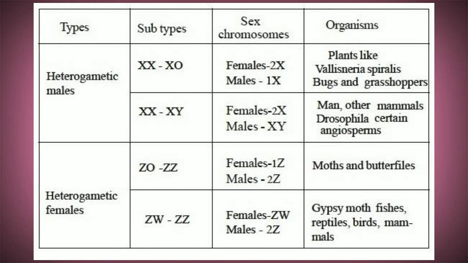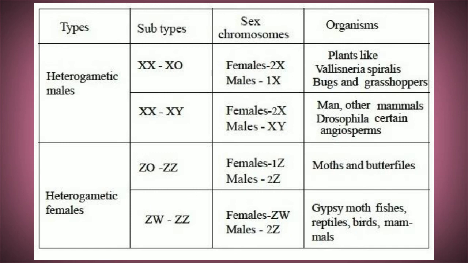One can be homogametic males or homogametic females, or it can be heterogametic males or heterogametic females. As for example, in plants like Vallisneria, bugs, grasshoppers, etc., the sex chromosomes are unpaired in males, and therefore they are regarded as heterogametic males.